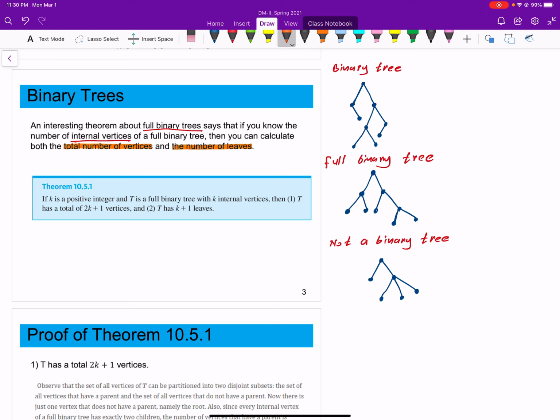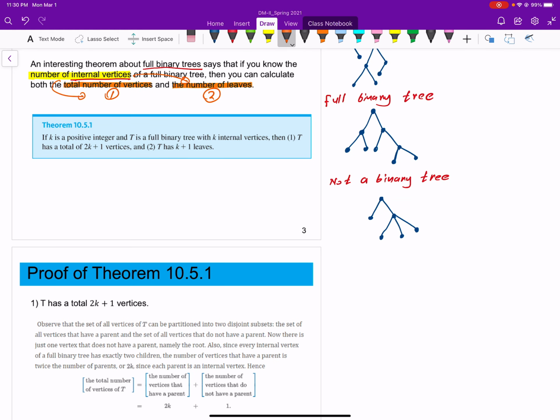There are two things that you can compute: the total number of vertices, and the number of leaves. What you have to know is the number of internal vertices. Once you know it, you can get these two pieces of information.